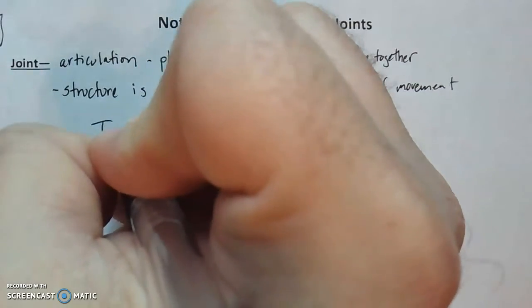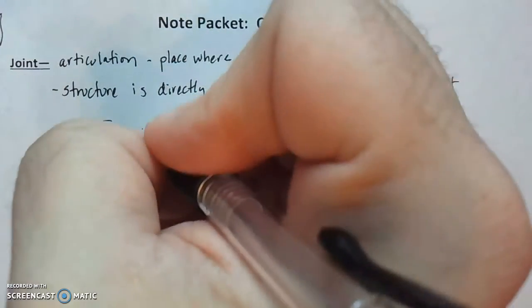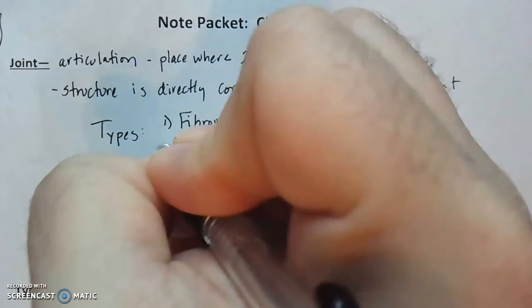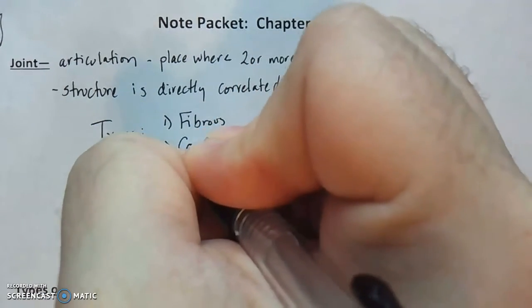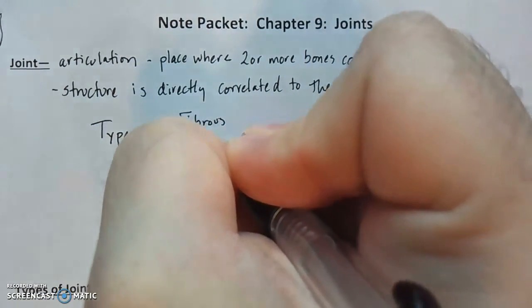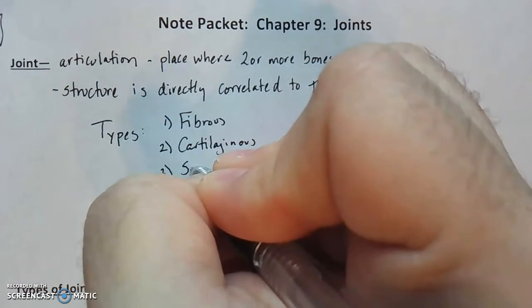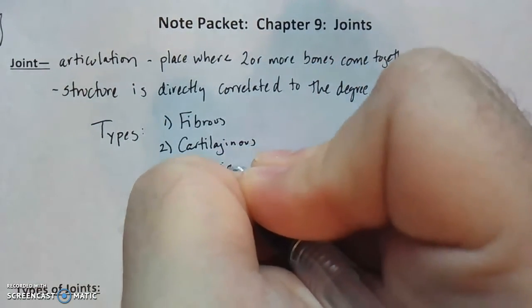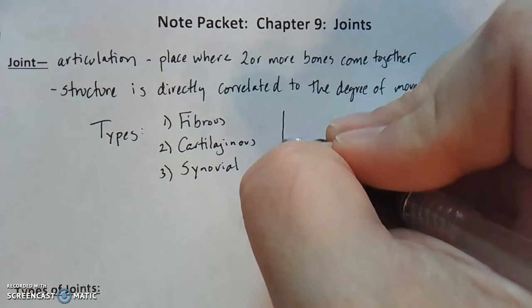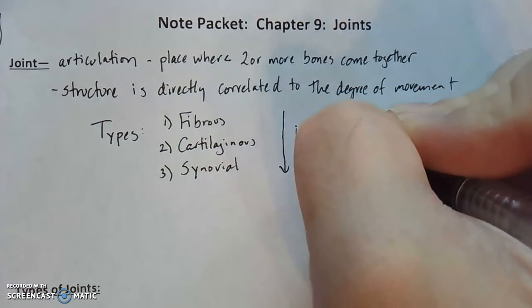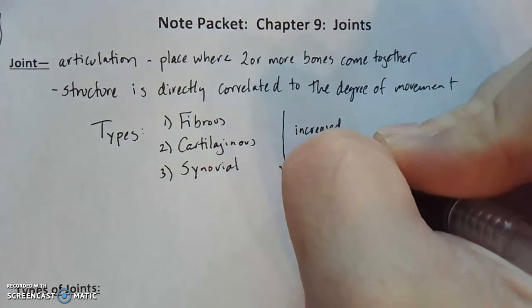So the types of joints that we're going to see, the first one is called a fibrous joint. The second, cartilaginous. And the third, synovial. So as we go down, we have increased movement.